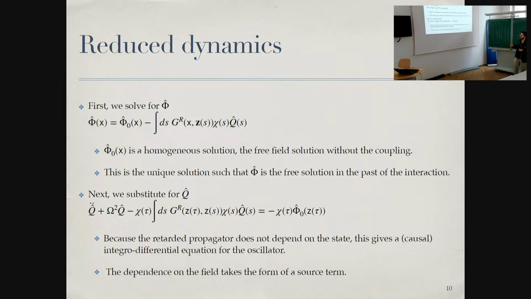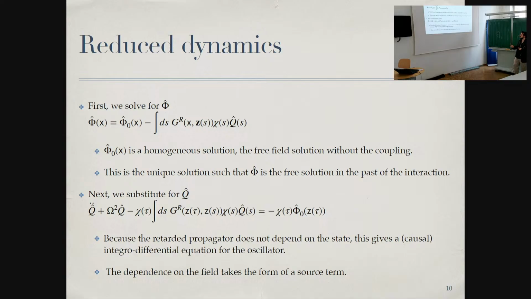When we substitute back in the equation for the oscillator, we find the following. We find an integro-differential equation for Q with some delay. It is causal because the retarded propagator is such that this will be 0 if s is larger than tau. It's local because it's modulated by this window here.